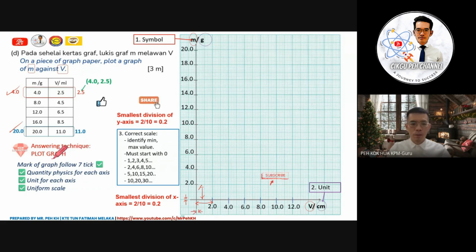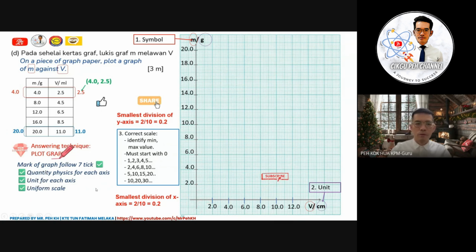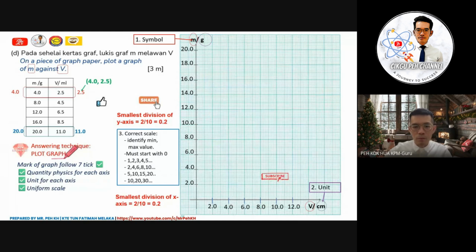This can help you get more accurate points. For example, the mass is on the y-axis: 4 divided by 0.2 gives you about 20, right? So that means the value here will be 4.